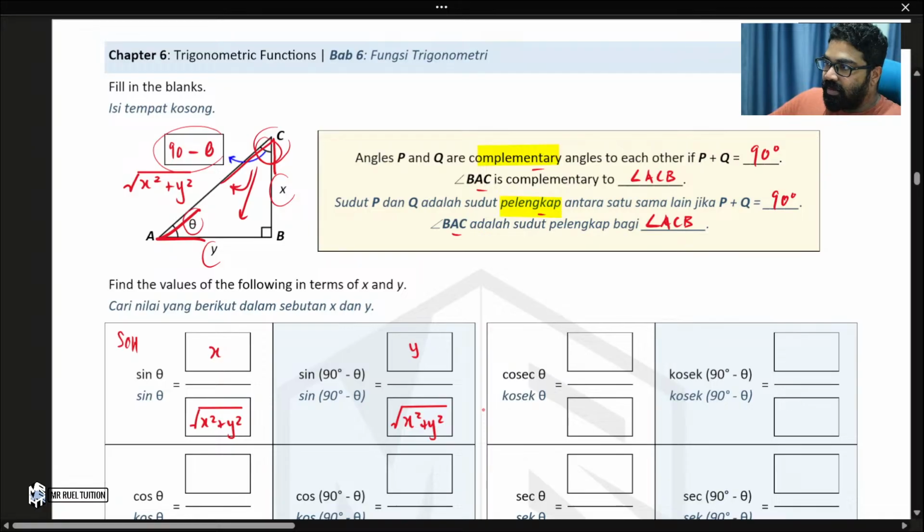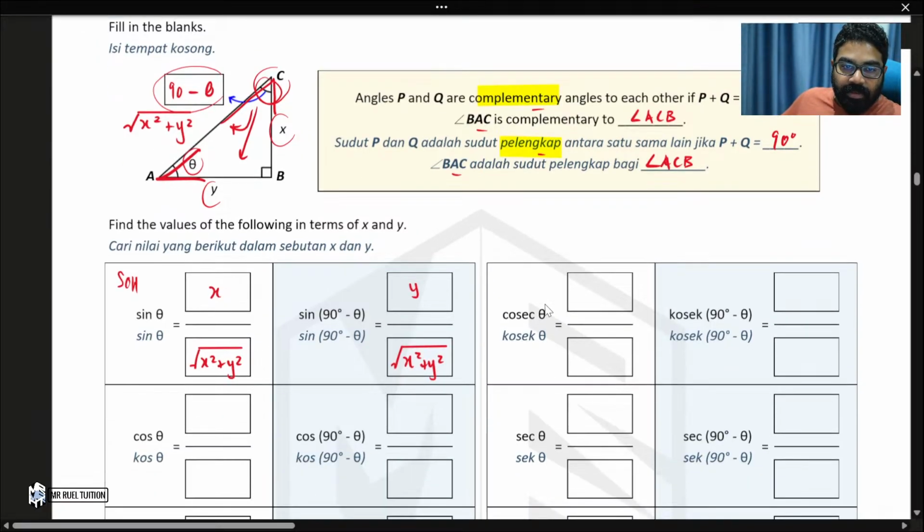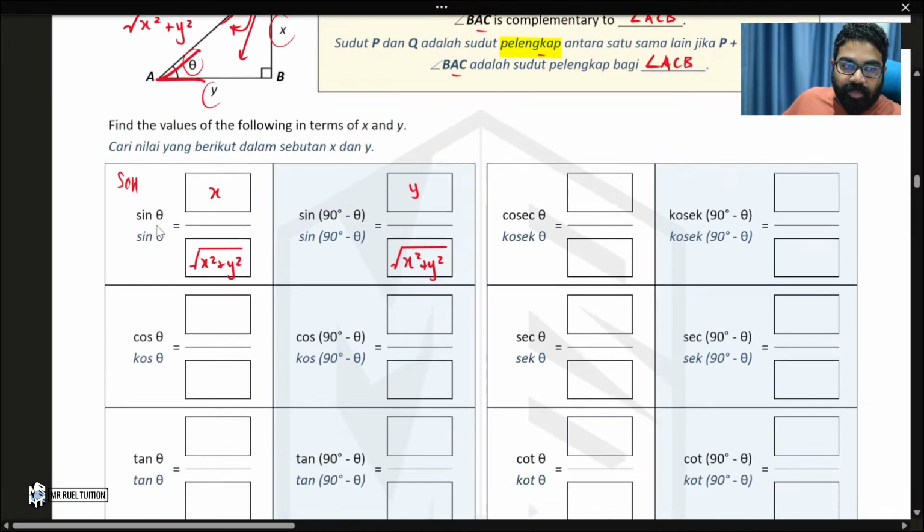Okay, now we can do cosecant lah. If you have sine, then you can do cosecant. So, cosecant ialah salingan dia, betul tak? Reciprocal, isn't it? So, if sine theta is x per ini, cosecant ialah salingan dia. Square root of x square plus y square bahagi x. And then cosecant of 90 minus theta, cosec bagi 90 tolak theta.